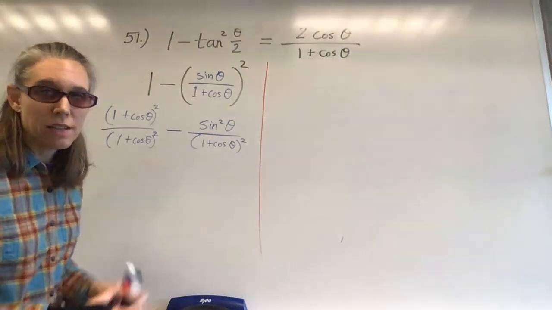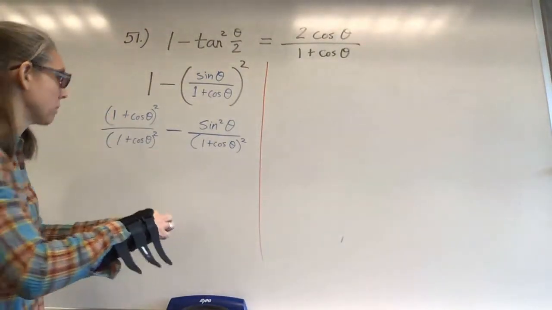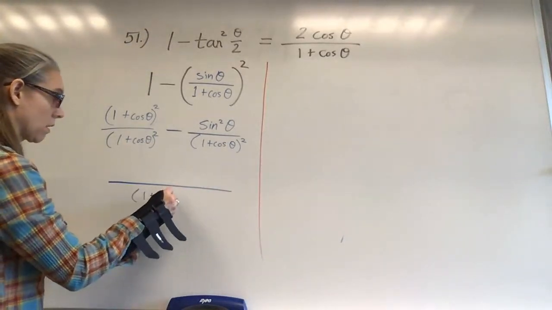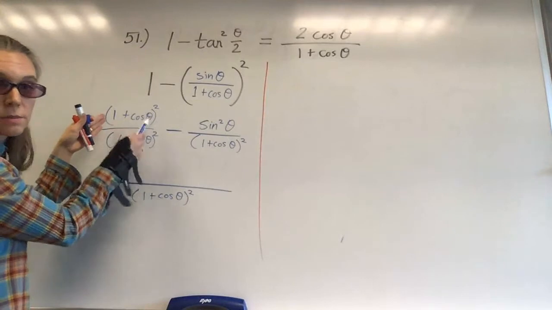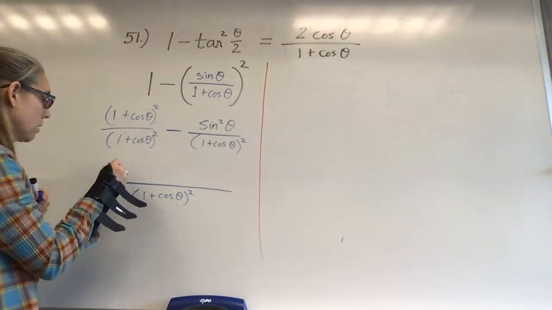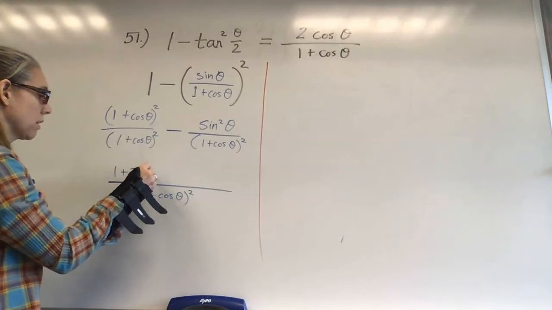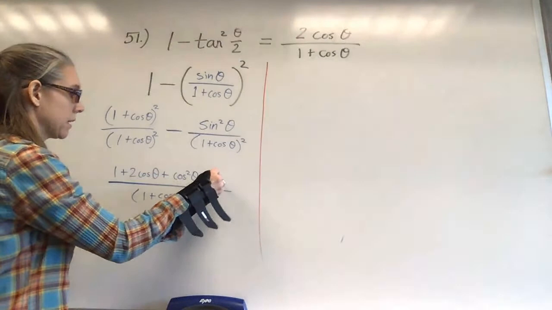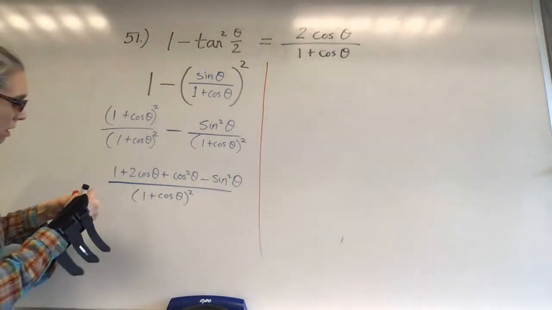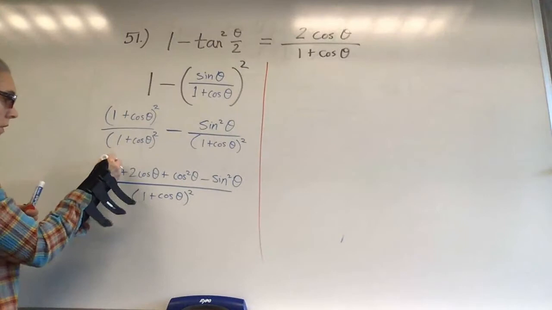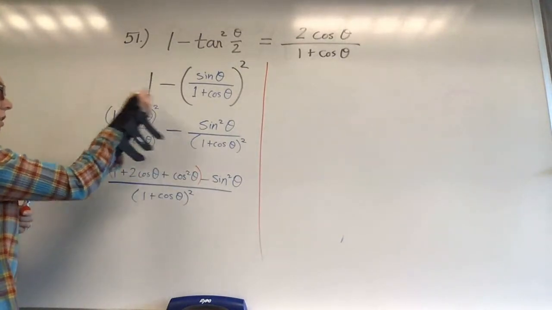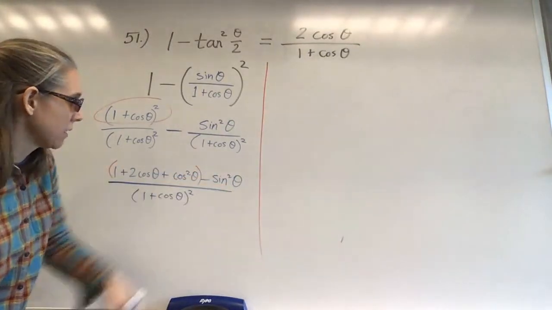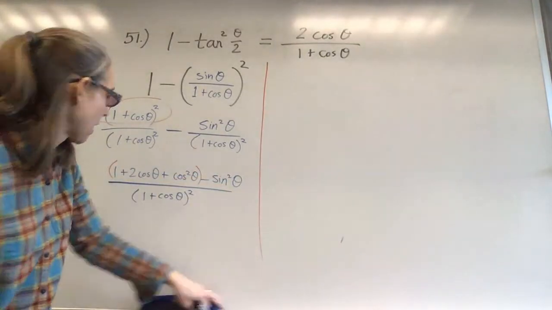Okay, so what I need to do is now combine this into one fraction, and when I do that, I am going to go ahead and expand this binomial to 1 plus 2 cosine theta plus cosine squared theta minus sine squared theta. So this part right here is the trinomial that results from squaring the binomial, and then I have a minus sine squared theta after that.